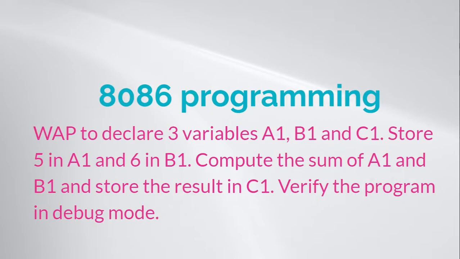You might be thinking, why not display the output of the program directly and verify it? For that, I have to say that displaying the value of variables or registers in an 8086 program on the screen is not as simple as it is in C or some other high-level programming language. For example, in C, if you want to display the content of a variable, you just write printf, percentage and the format of that data type, like percentage d for integer, and then the name of the variable.